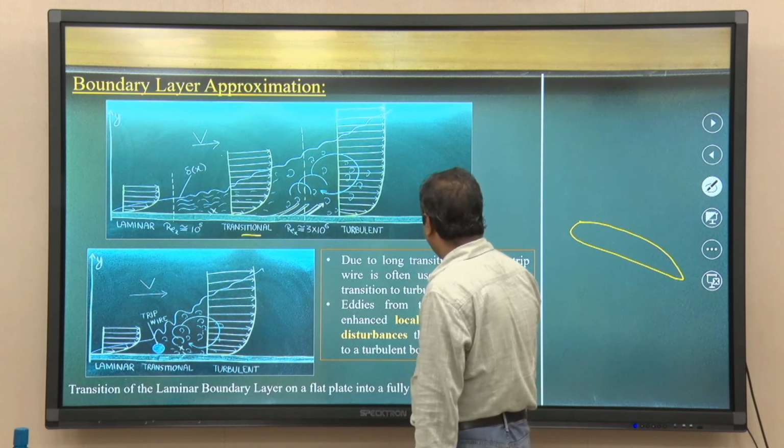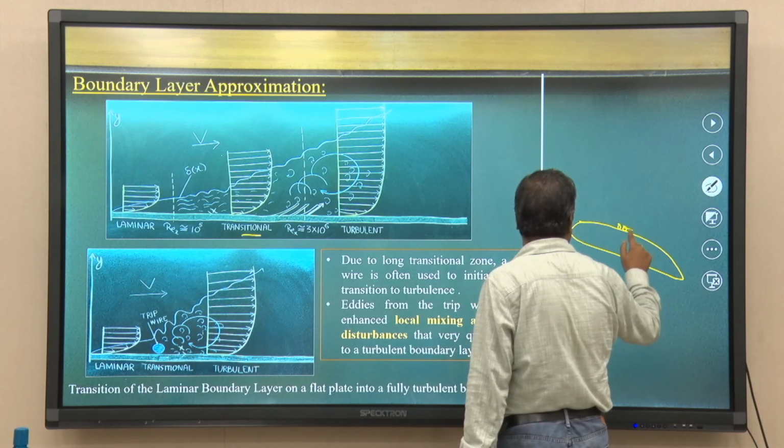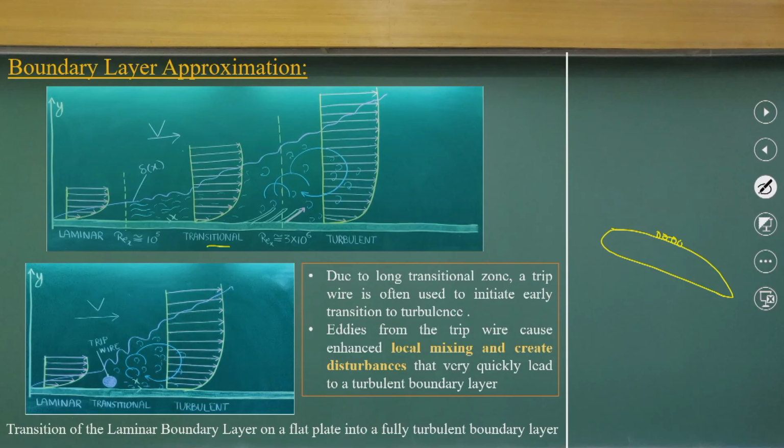To avoid that, many times we put rings, some sort of artificial roughness. You put trip wires. Like if you look at this, these are the trip wires we put to reduce the transitional zones, to make it go from laminar to turbulent zone.